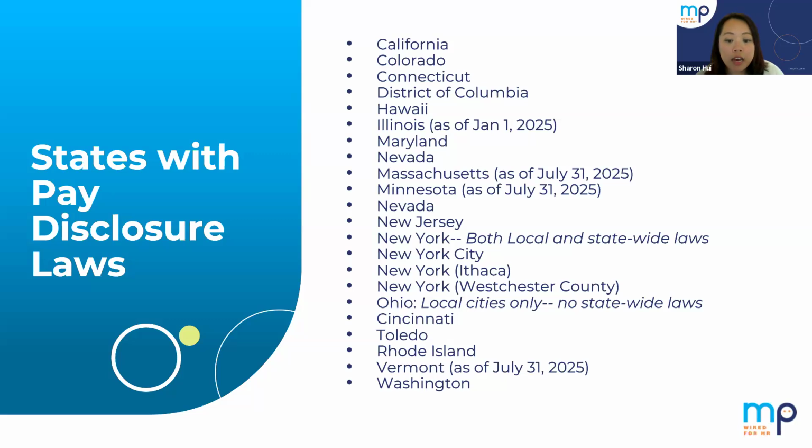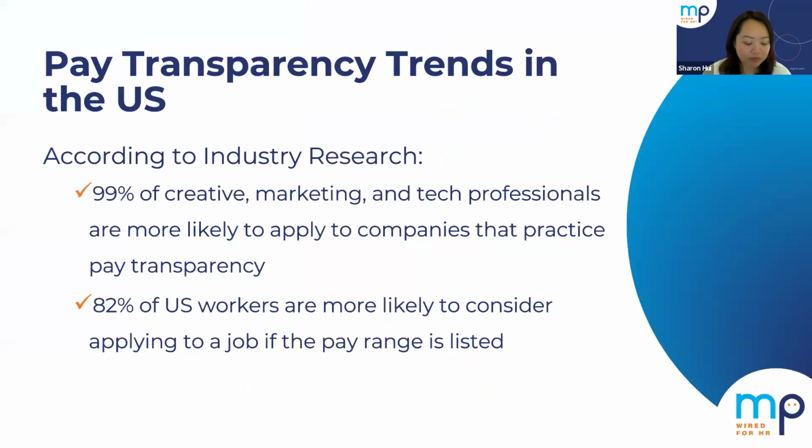Be mindful that on this list, Ohio is the only state that does not have a statewide initiative to promote pay transparency, but local cities such as Cincinnati and Toledo will require it on their job postings and job descriptions, and having that available and ready for review. Next slide, please.